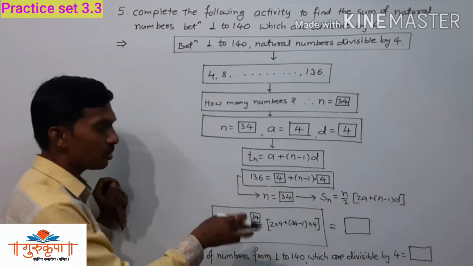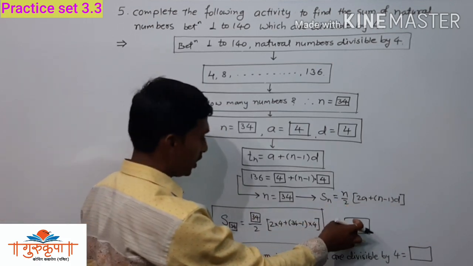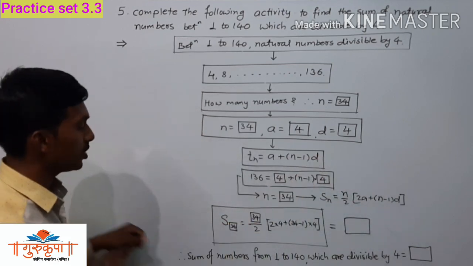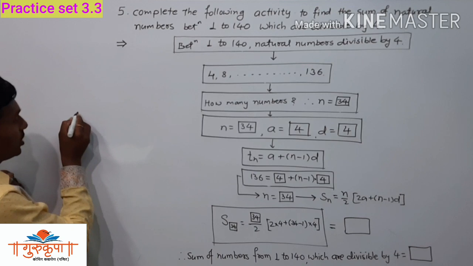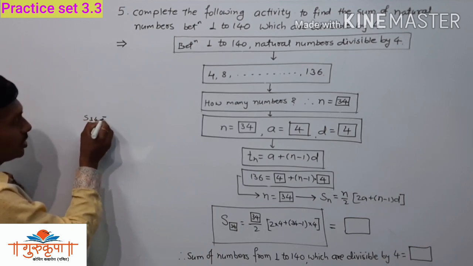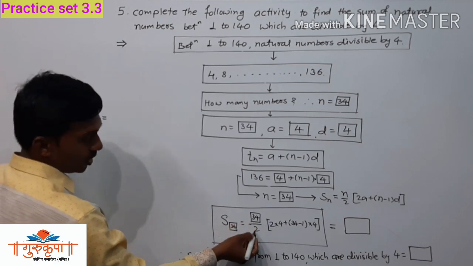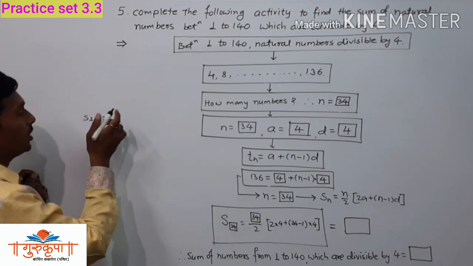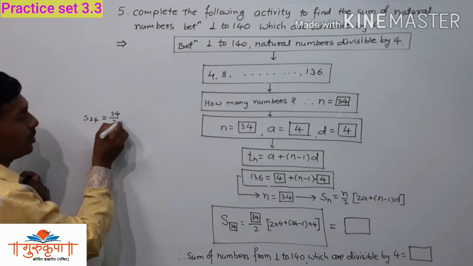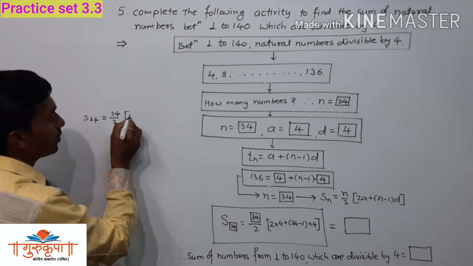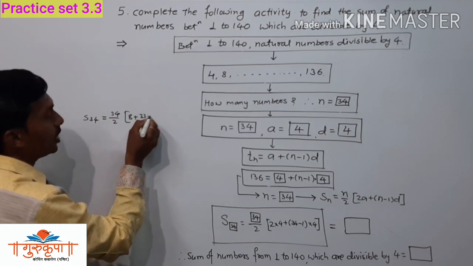Now simplify this on the rough page and directly write the value of S34 here. S34 is equal to 34 divided by 2, which is 17, into the bracket: 2 into 4 is 8 plus 33 multiplied by 4.